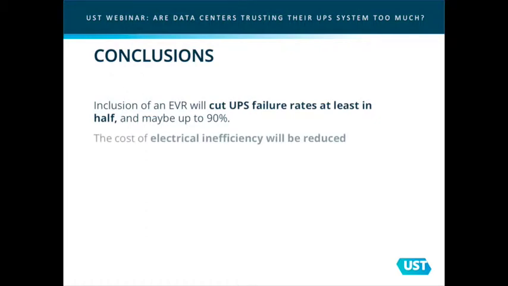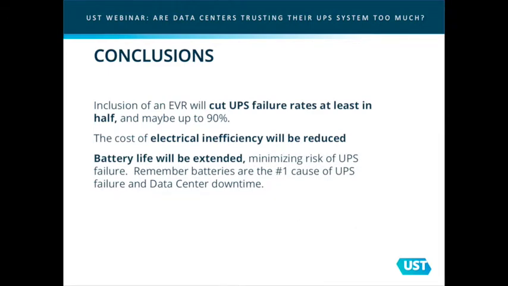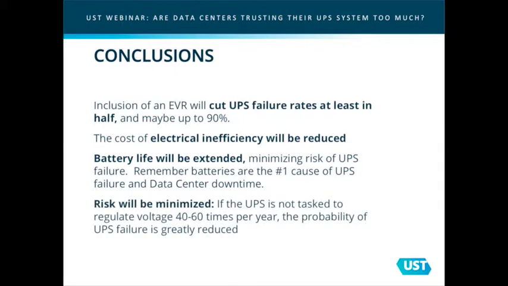As mentioned earlier, we offer an electrical efficiency advantage. We're pretty confident that the arrangement will extend battery life because we're not going to use the batteries in the UPS nearly as much. And remember, the batteries are the number one cause of a UPS failure. And we're going to minimize risk.